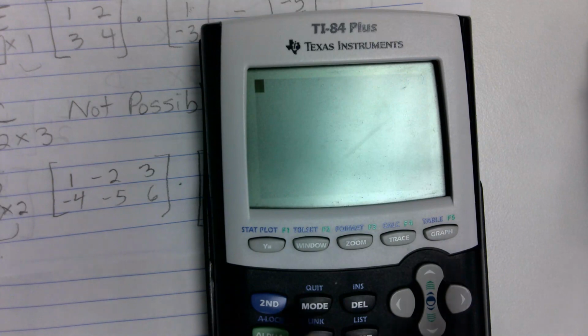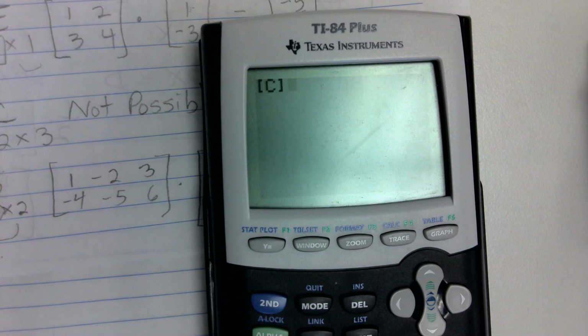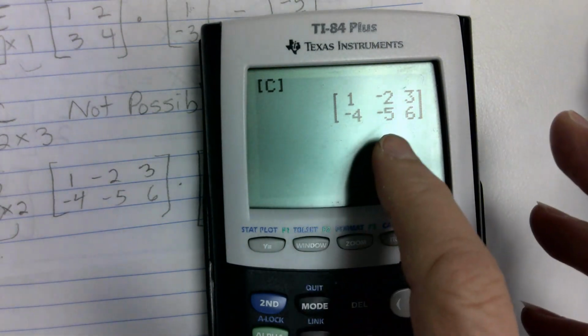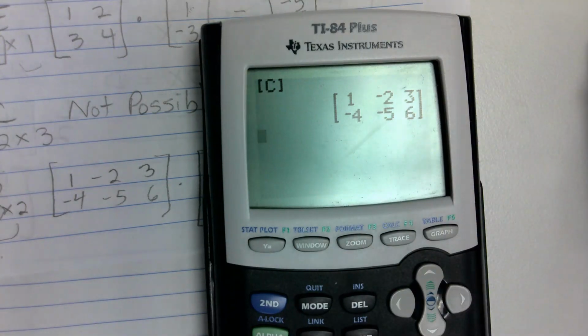I quit, and now I'm going to go back to my matrix C. I hit enter again. Second, mode is quit. I always do this because invariably I make a silly mistake and put the wrong number. So my matrix C is correct.